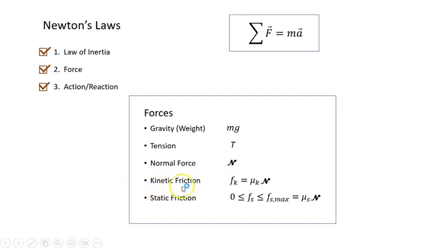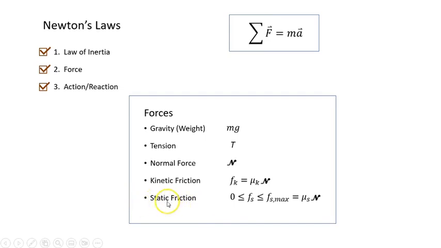Kinetic friction, if there is sliding of one object over another on the surface, f sub k, and we'll see that we will take that to be proportional to the normal force. So the friction and normal force at the surface are actually proportional to each other by mu sub k, the coefficient of friction. Coefficient of friction is usually just a decimal number less than 1, like 0.1, 0.15, 0.2.